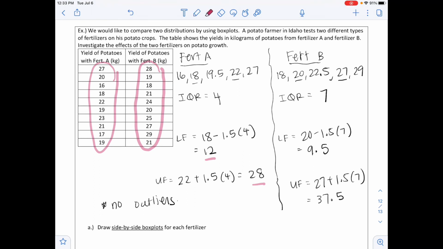So again, looking at these, do we have any values that are smaller than 9.5 or larger than 37.5? And again, we're looking only at fertilizer B. And no, there's no values that are smaller than 9.5 or bigger than 37.5. So this means that we have no outliers here also.